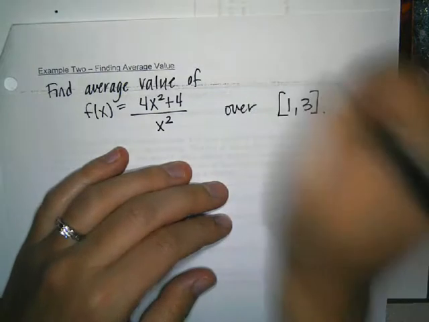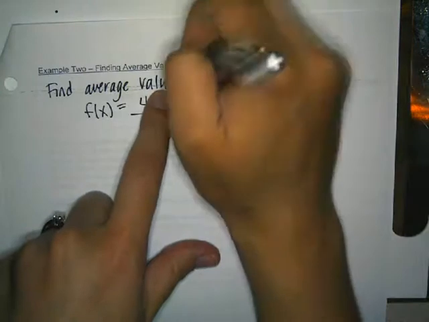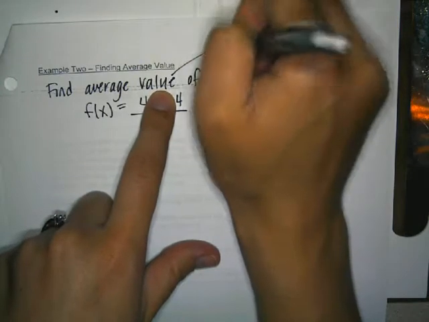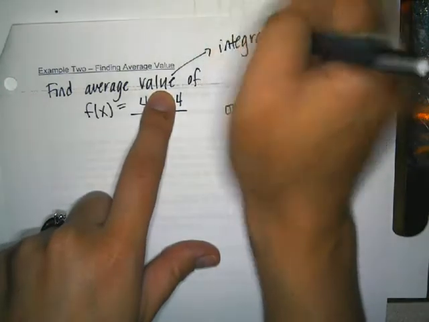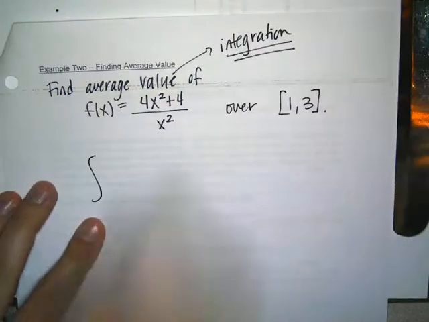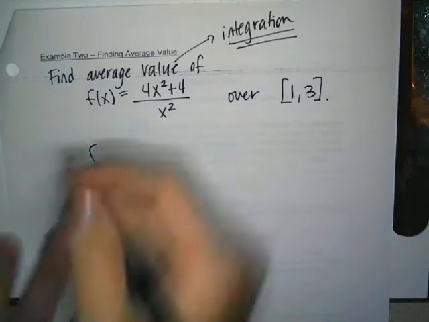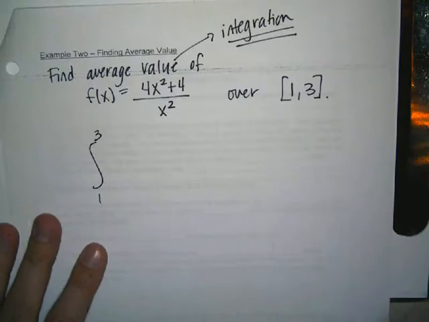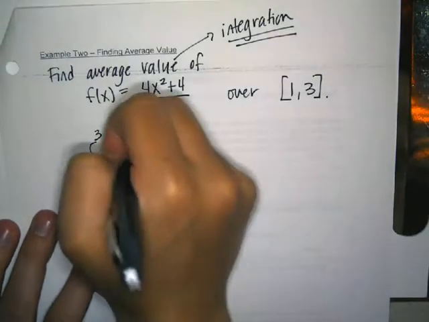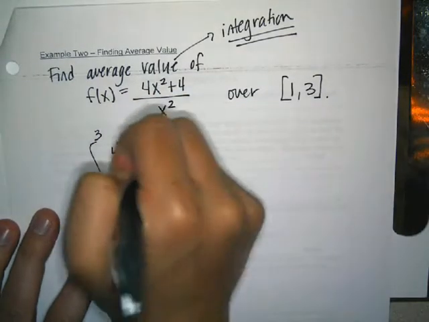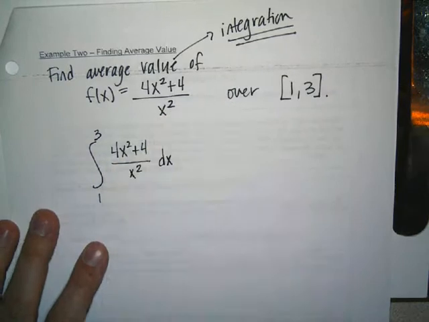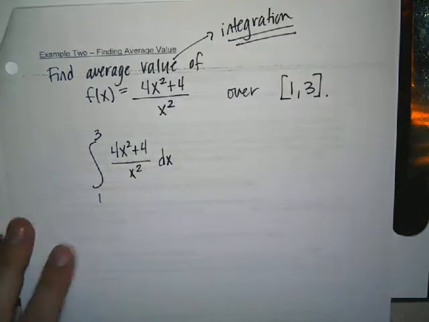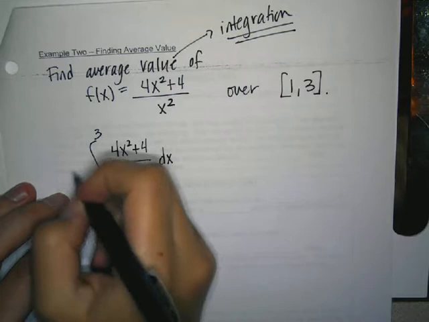Okay, so average value. Value means accumulation of values, so integration. So we need to set up my own integral here from 1 to 3. I'm going to integrate this function from 1 to 3. And again, you can put the division there automatically in the front.